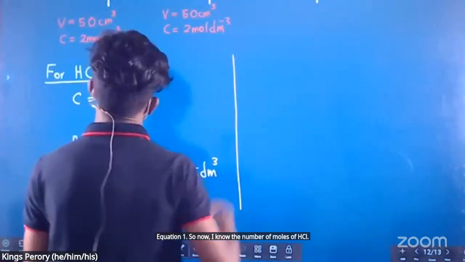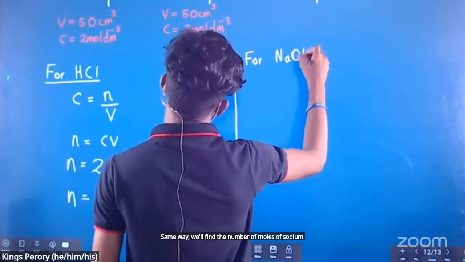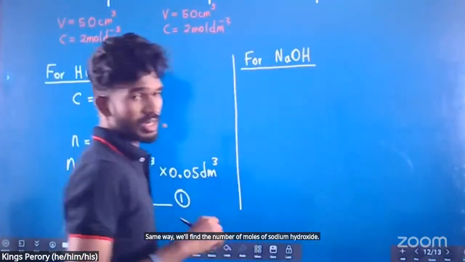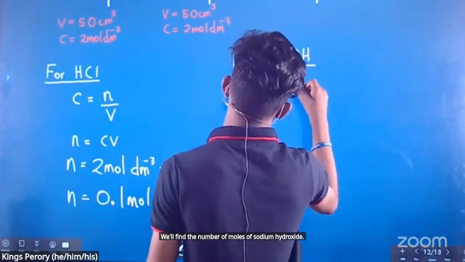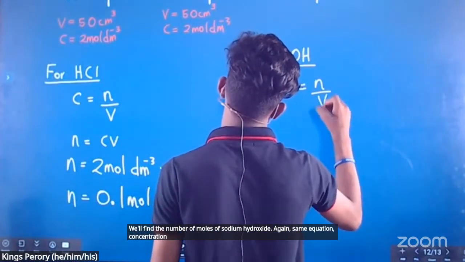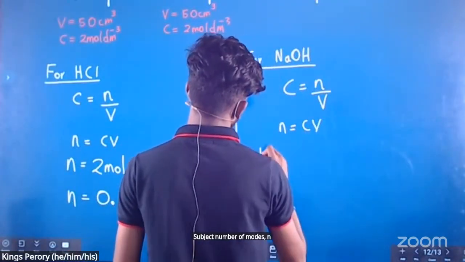In the same way, we'll find the number of moles of sodium hydroxide. Again, the same equation: concentration equals number of moles over volume. Subject number of moles, n is equal to CV.